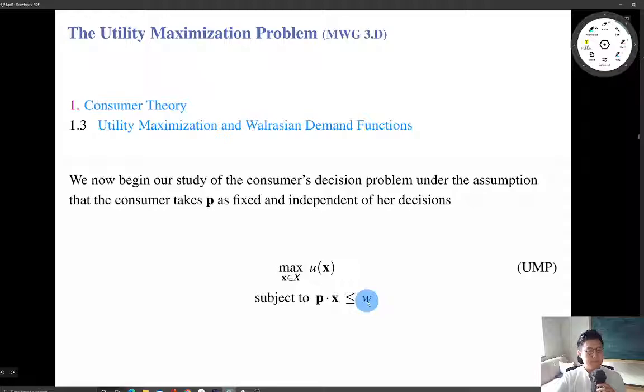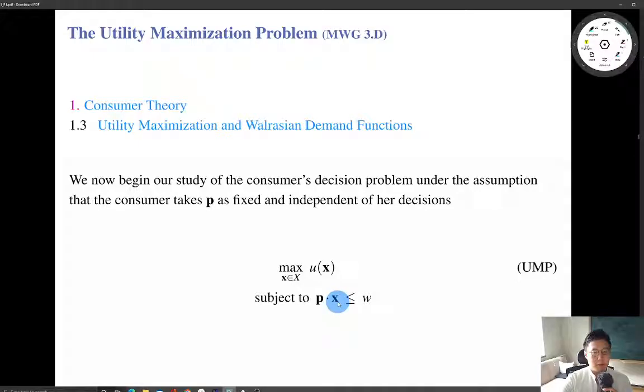So that is one optimization problem given the budget constraint, and then we can rewrite this optimization problem in a succinct form using the budget set.